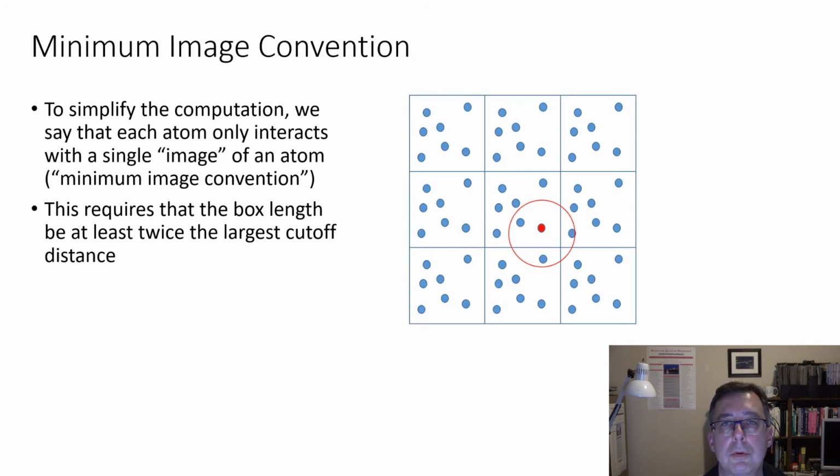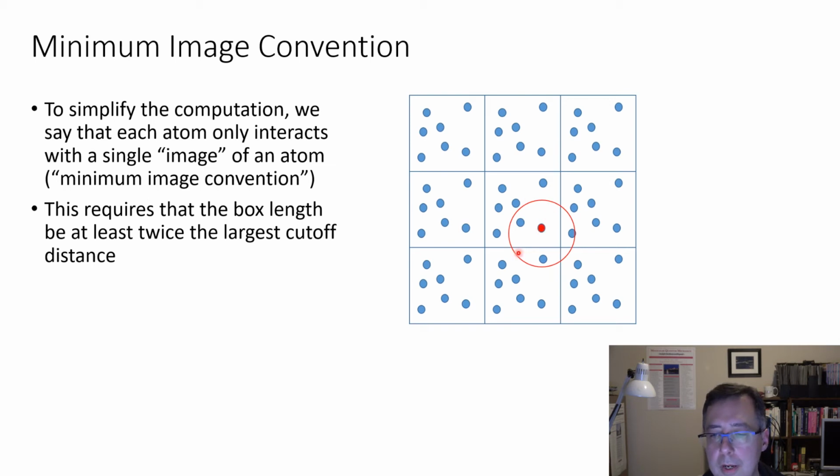Another thing you can do to reduce the computational cost is to use what's called the minimum image convention. And that basically says each atom interacts only with a single image of an atom.